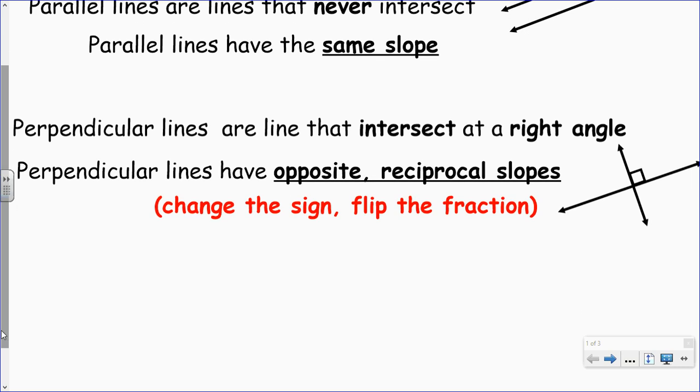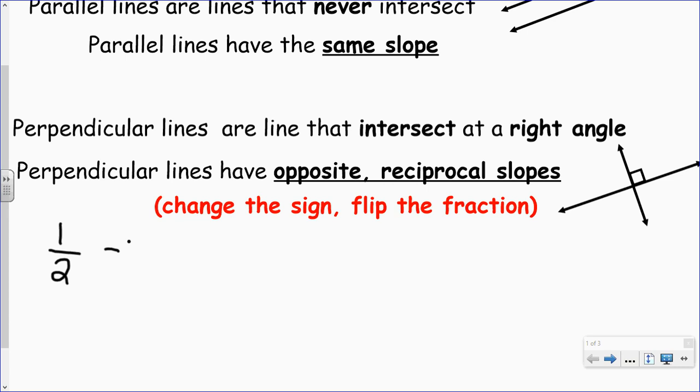And so, for example, I want to give some examples of opposite reciprocal slopes. So an example of that would be if you had 1/2 as a slope, then the opposite reciprocal would be negative.